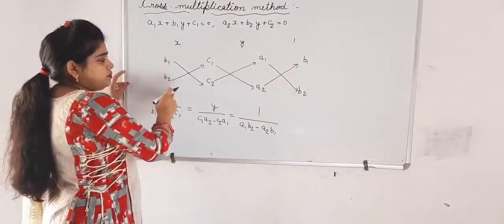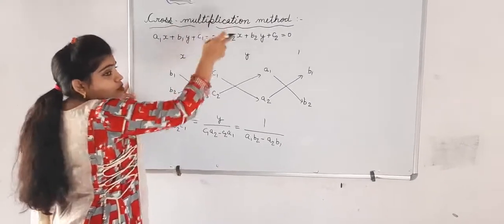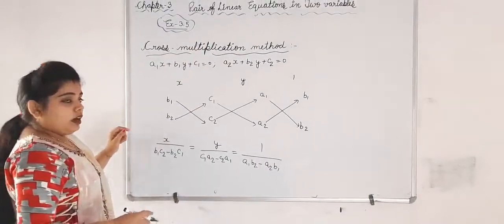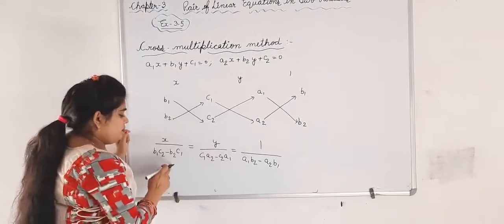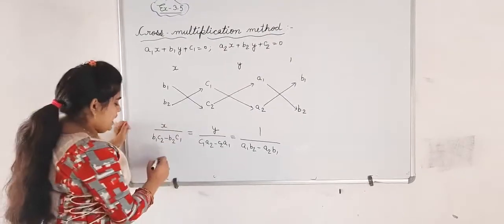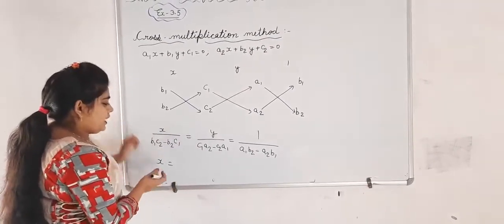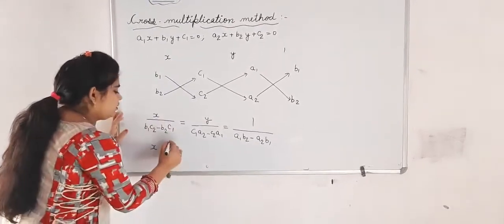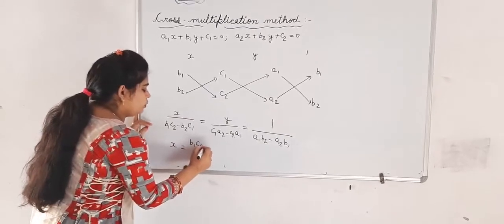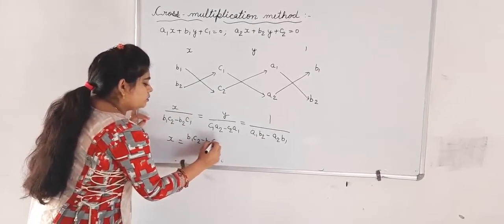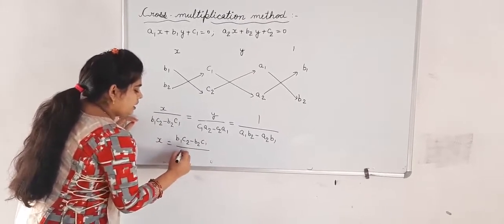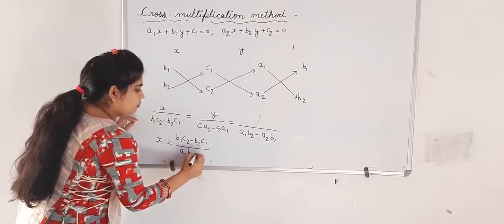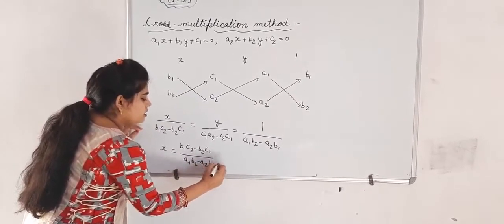We are using this pattern, that's why we are calling it the cross multiplication method. Now, taking the first and last term, we will find the value of x. From the first and last term, the value of x, skipping this, will become multiplication. x will be equal to b1 c2 minus b2 c1 divided by a1 b2 minus a2 b1.